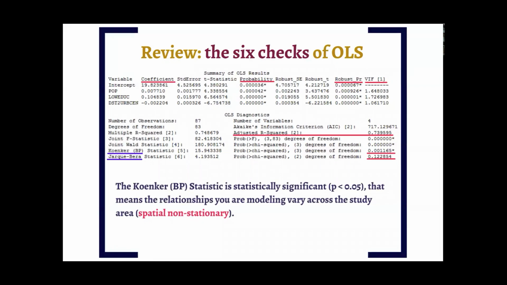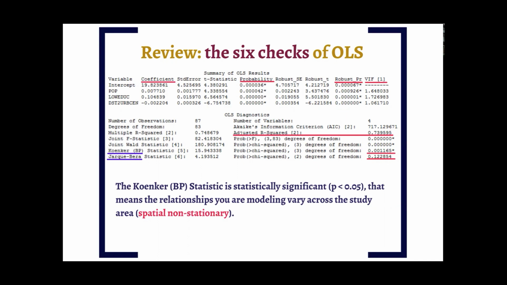Okay, so today, once again, we're going to talk about GWR, and that part is actually related to one of the 6 checks here. Just recall this Koenker statistic, which is an indicator of whether the relationships vary across your study area, whether there are some spatial variations in your model.